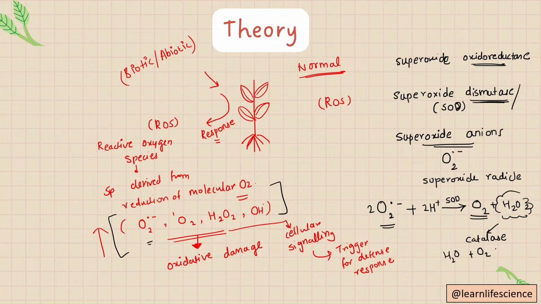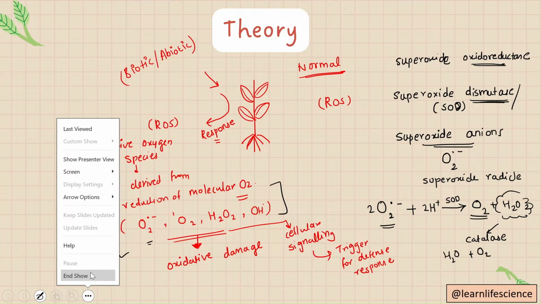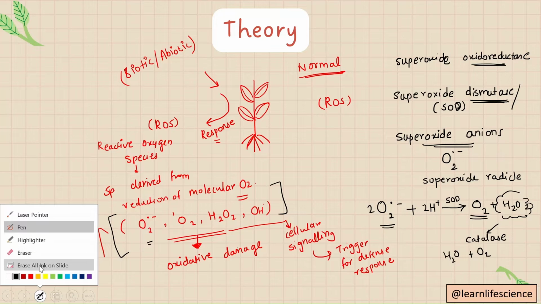Now we will talk about the different types of superoxide dismutase which are generally present in plants.